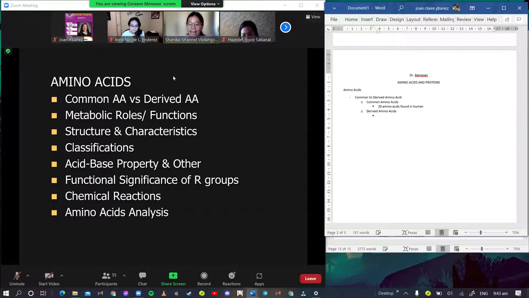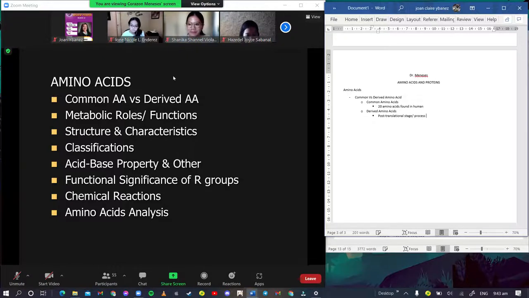These are the common amino acids. For the derived amino acids, these are amino acids that undergo a post-translational process from the common amino acids.